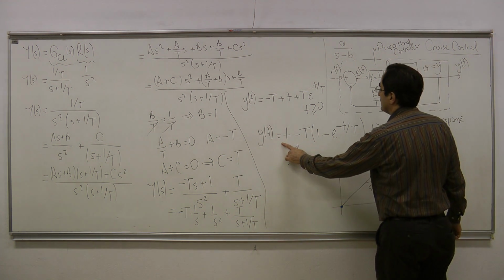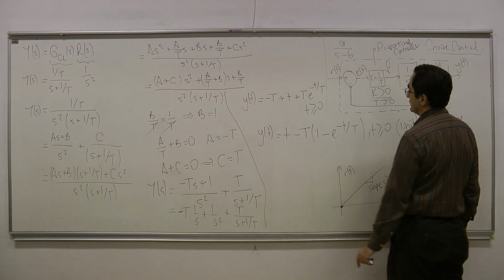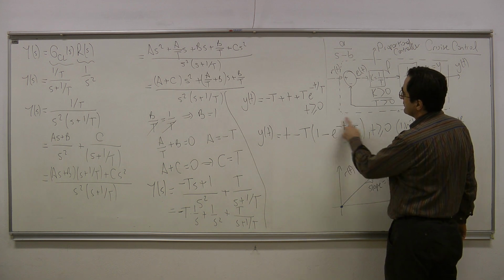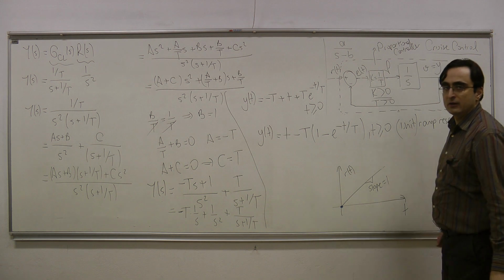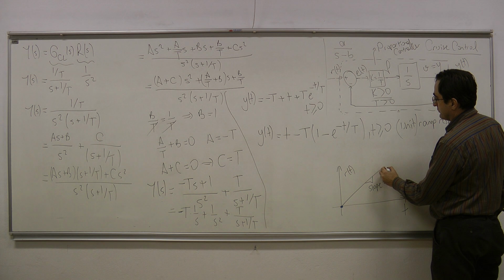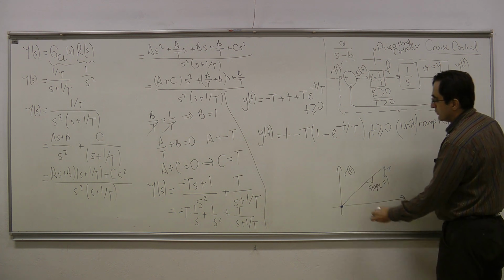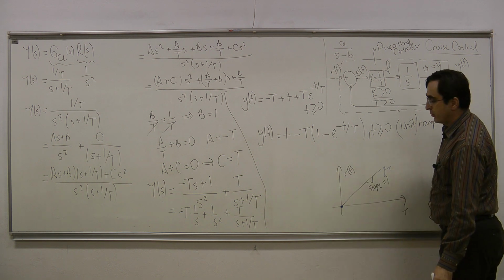What about the response as t goes to infinity? As t goes to infinity, this term equals 0, so we would have t minus capital T. Okay? So as t goes to infinity, we are going to be capital T below the main ramp function here. And there are no oscillations here, there are only decaying exponentials.